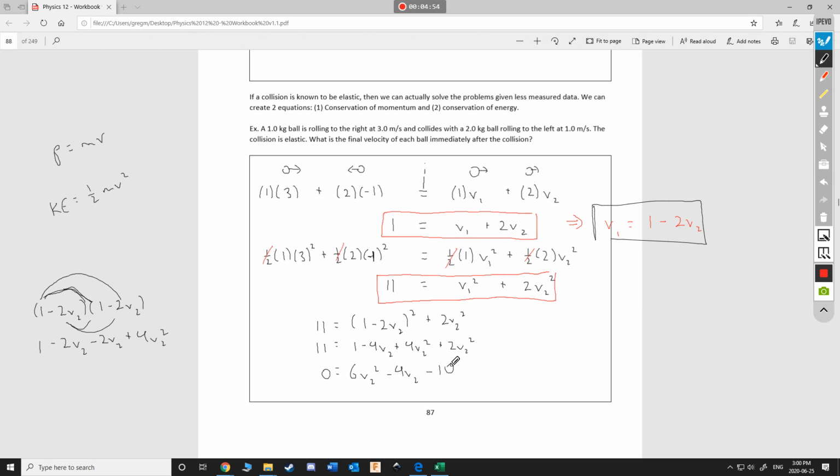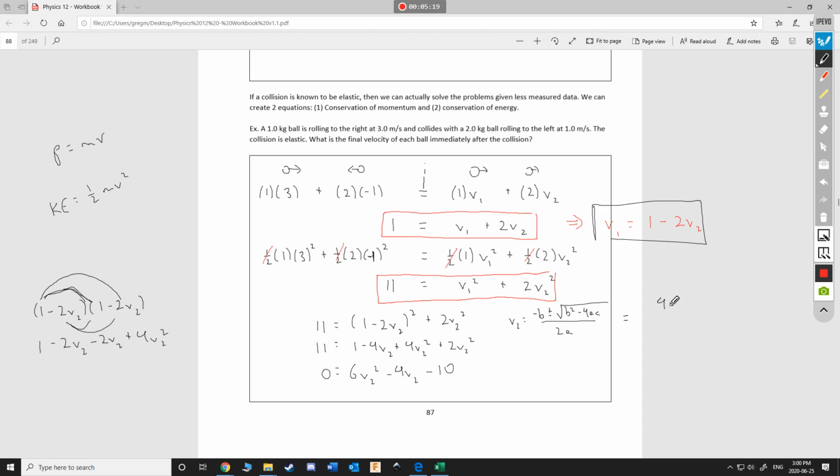So now this is just a quadratic equation. So we can go ahead and solve for v2 now. Alright, the quadratic formula: v2 is equal to negative b plus or minus the square root of b squared minus 4ac, all divided by 2a. Let's do the thing inside that square root first. Our b term is negative 4.